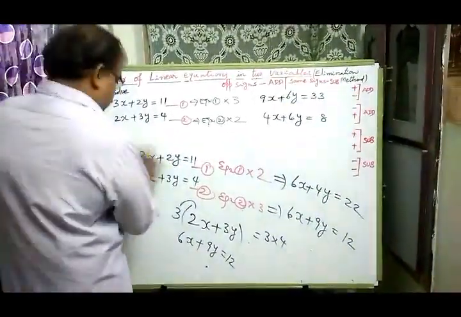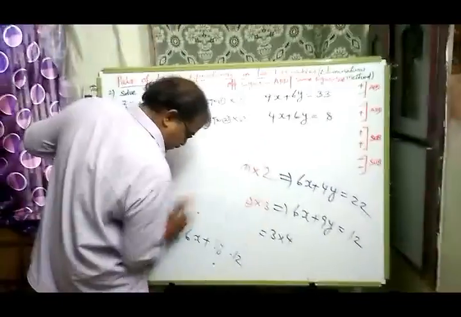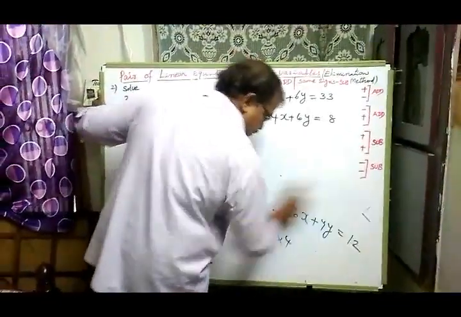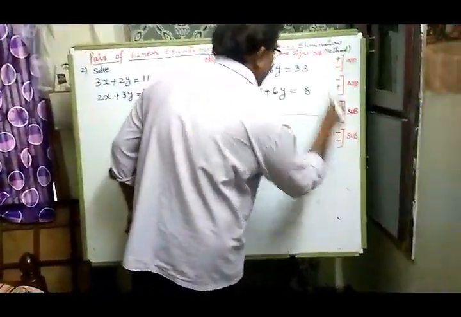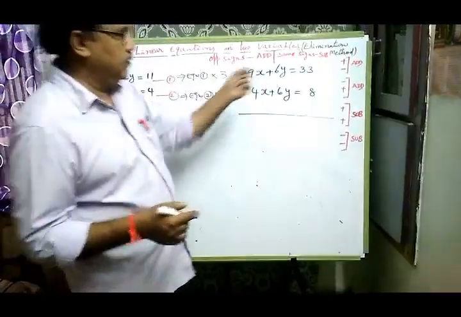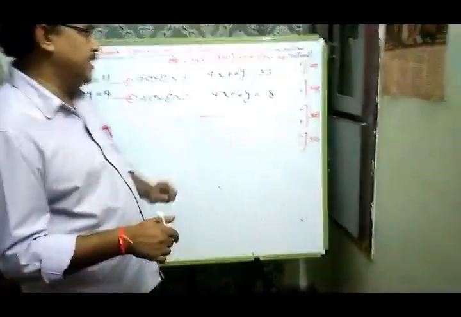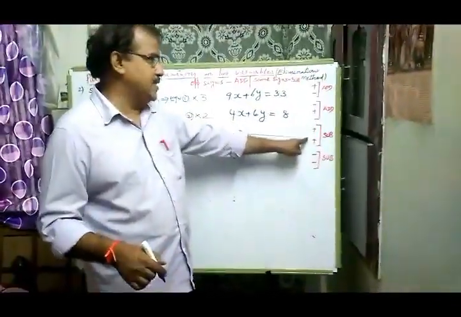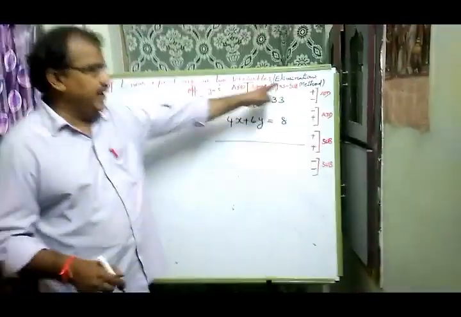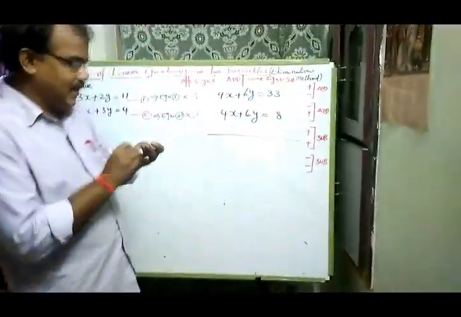Now, here is the very important part. I decided I want to eliminate y: 6y and 6y, same signs, plus and plus. For same signs, I have to go for subtraction.